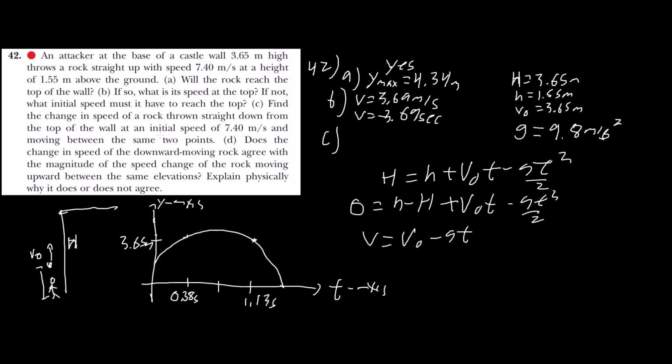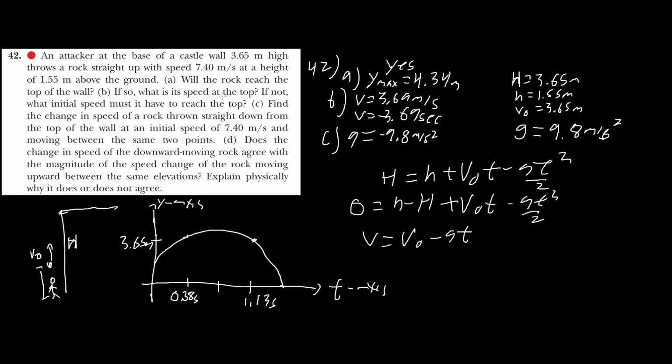Find the change of speed of a rock thrown straight downward from the top of the wall with the initial velocity at 7.4 meters per second. So that's going to be a new motion graph. I think the change of speed is just going to be this, I guess.